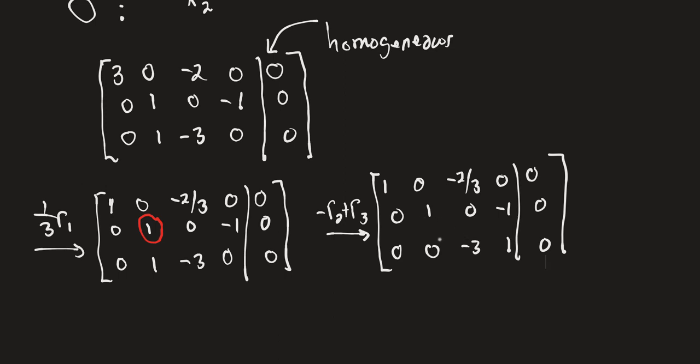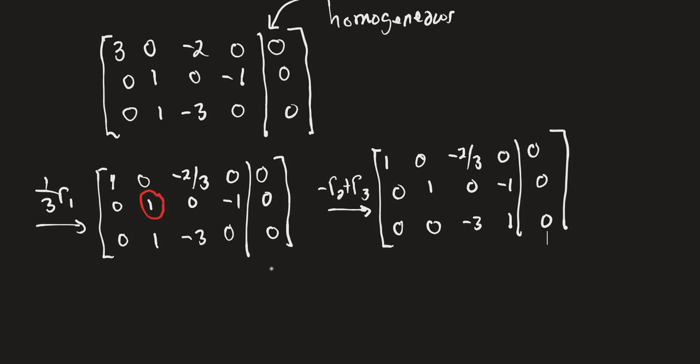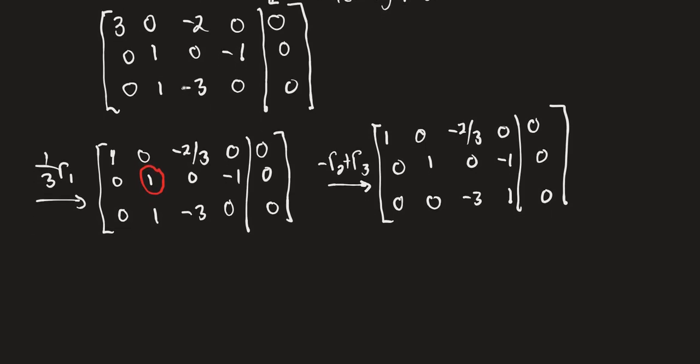Next up, we have to make this a 1, right? If it's going to be an echelon form, I have to make this a 1. And then it will be in REF, but I think we should take it all the way to RREF just for more practice. And not only that, if it's in full RREF form, then we don't have to worry about back substitution, right?